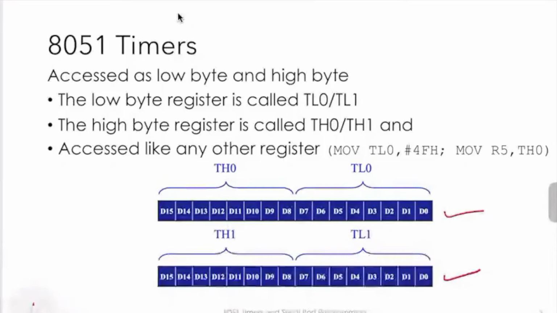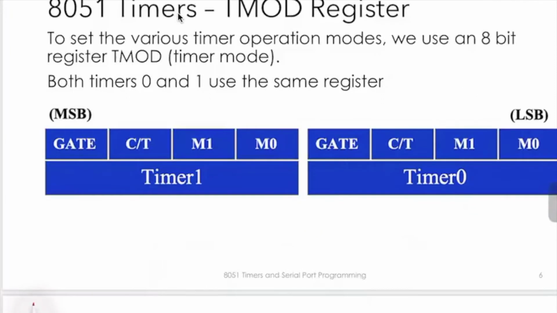Now we will go to the second register. What is the second register? It is TMOD. So remember, the timer register is over. Now we are talking about the TMOD register. As I told you, it is an 8-bit register. As you can see here, it has a bit called gate. Then we have another bit called counter/timer.